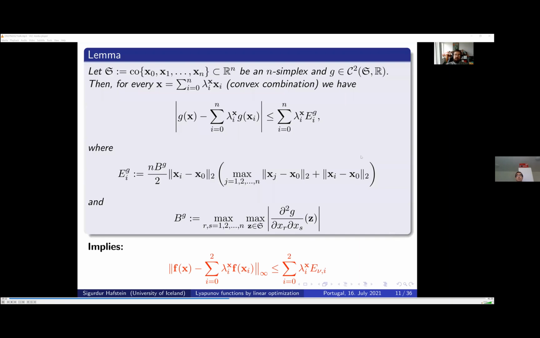And then we have a theorem that tells us that exactly with these constants, what we call E_νi, it's exactly like this. In our case we had n equal to 2, so this cancelled out, and this here will be less than or equal to the same convex combination of these E_νi's we had before. So from this theorem, this here follows.